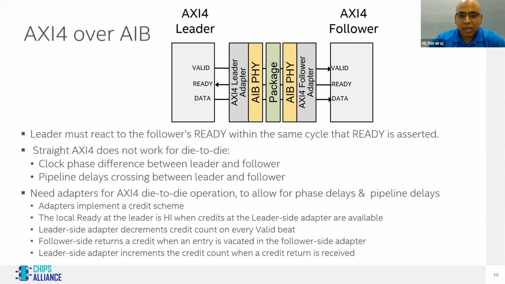So you're building a credit scheme to handle some of the die-to-die characteristics. Once you do this, you're abstracting out the underlying effects, and you still provide end-to-end AXI connectivity. That's the reason why we are building this AXI4 adapter.